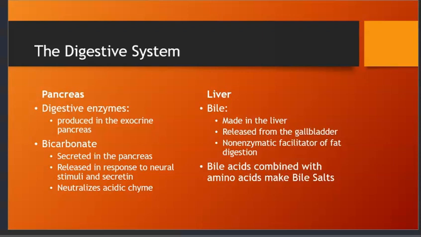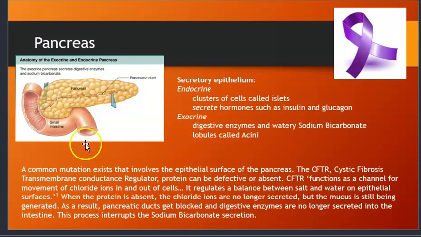Let's focus a little bit more on the pancreas now. The pancreas has secretory epithelium, the endocrine and the exocrine. The endocrine has clusters of cells called islets, and they secrete hormones such as insulin and glucagon.